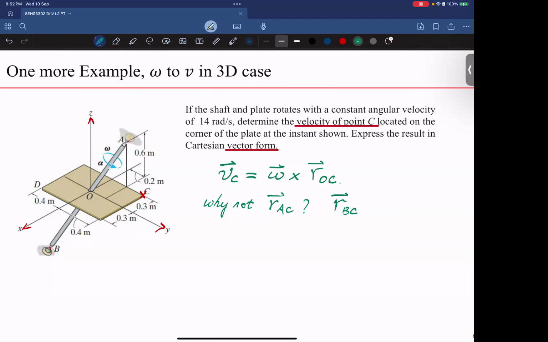But AC is possible, because we know the position of A. And how about this? I just write down, and you can check whether it is correct. So if I write down V_C, can it be omega cross R_AC? Or V_C, can it be omega cross R_BC?